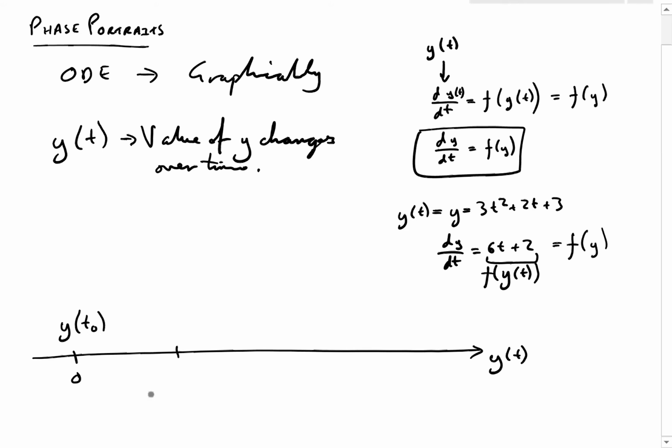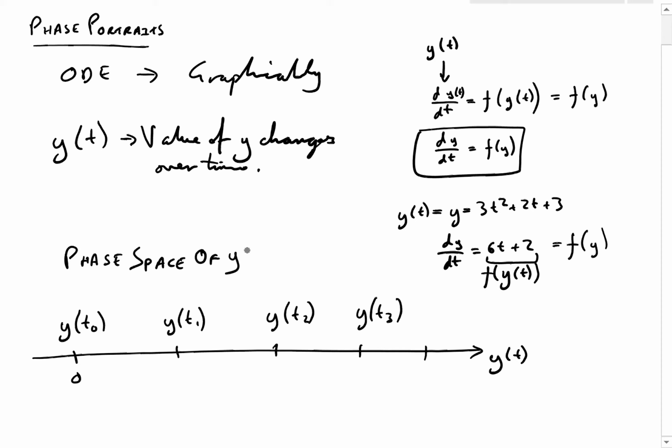Then it goes to another value at y of time 1, then another value at y of time 2, then another at y of time 3. Hopefully you get the idea. Basically the value changes, and in general we always go to the right, but essentially this is known as the phase space of y.